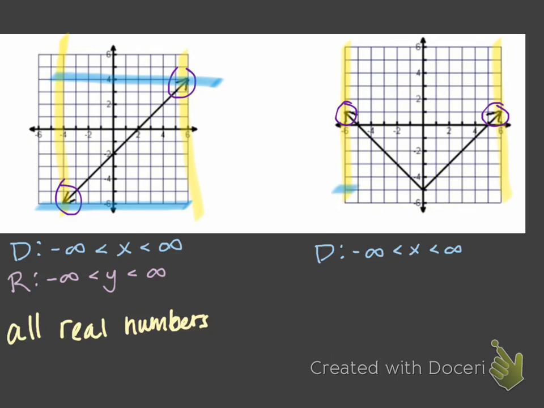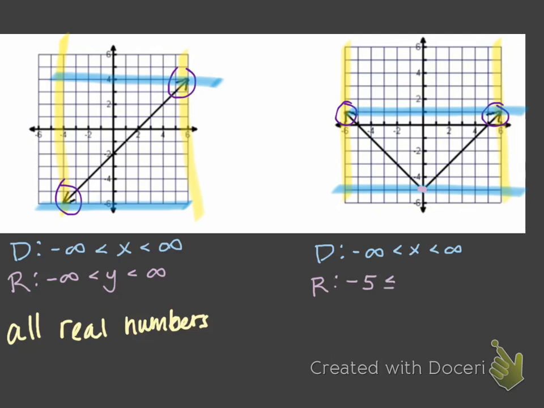All right, for our range, this guy looks like it starts at -5, and once we get up high enough, we hit those arrows. So we're going to end in the positive infinity direction, but our range actually has a starting value of -5. It does not go lower than that. And since we have this closed circle here at -5, it actually touches that point.